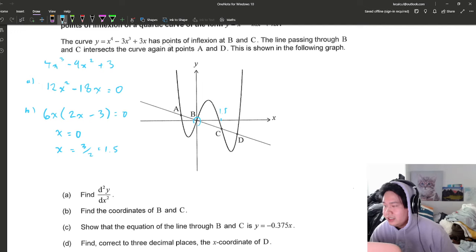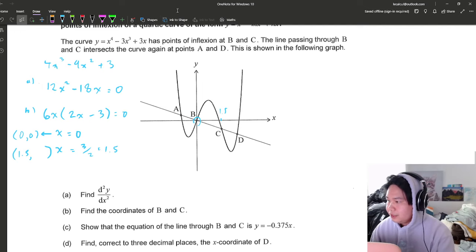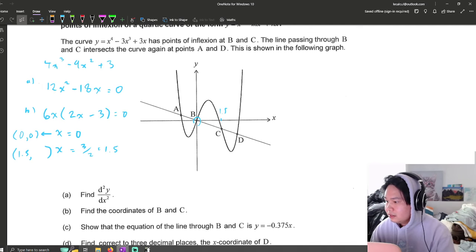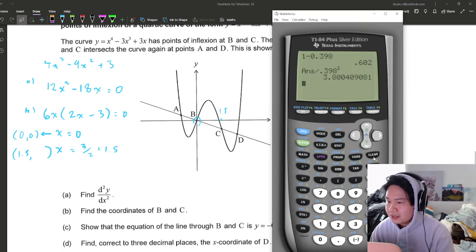Okay, and then we need to find their y values as well. So this one's easy. That one is 0, 0. And then for the second one, you can just plug it in to here. So I guess we'll do that.